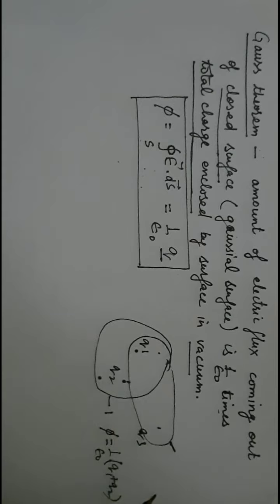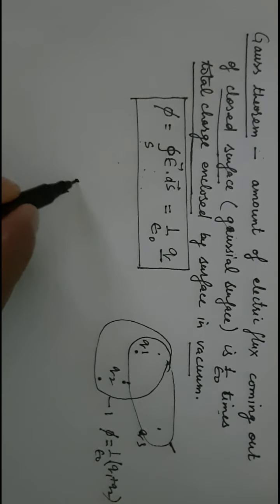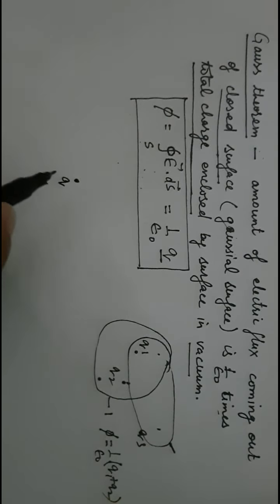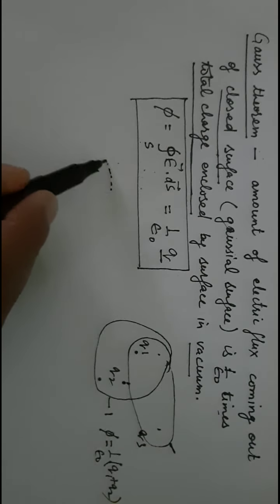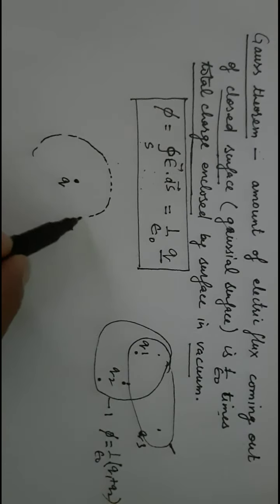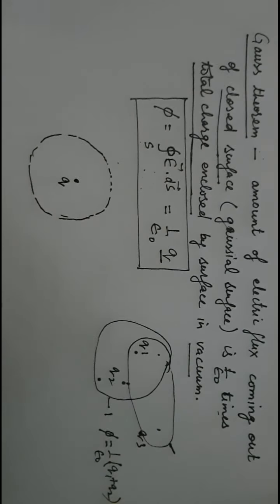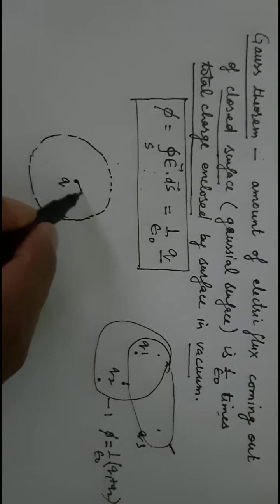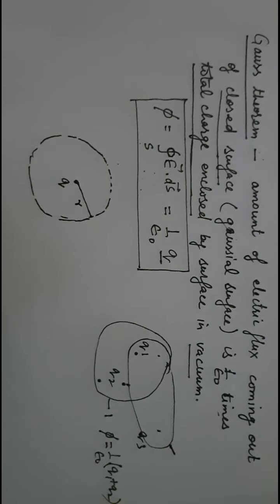To understand the correctness of Gauss theorem, let us perform a simple example. I have chosen a positive charge of magnitude Q, and to calculate the flux coming out of it, I choose a spherical surface whose center is located at the charge, of radius r.